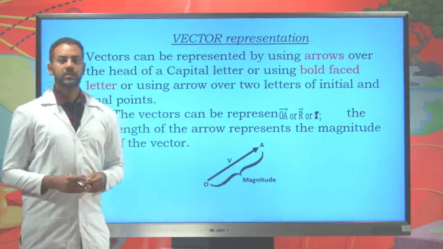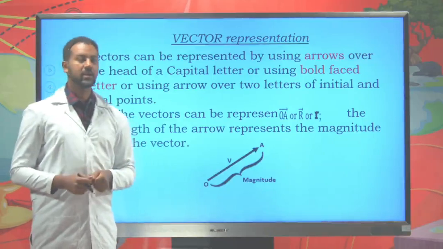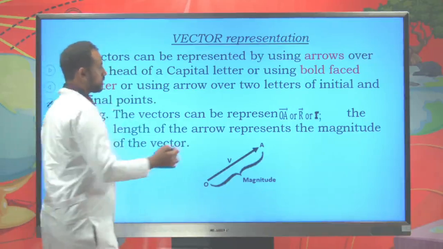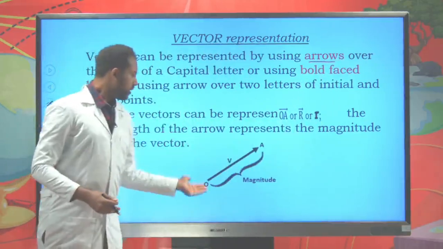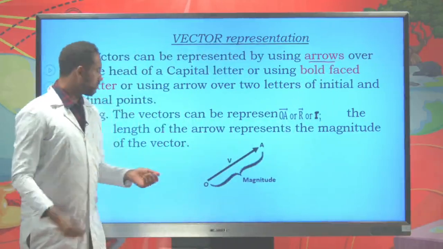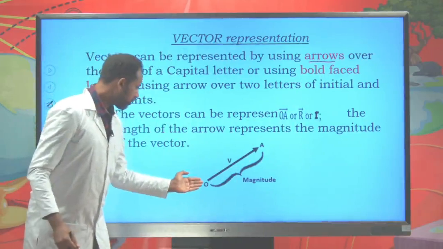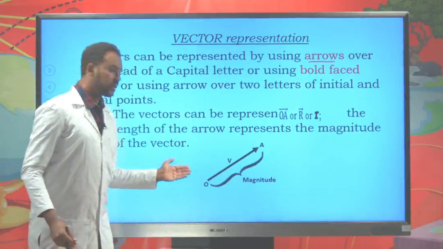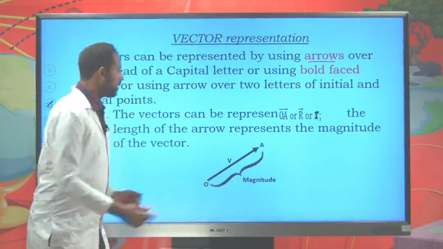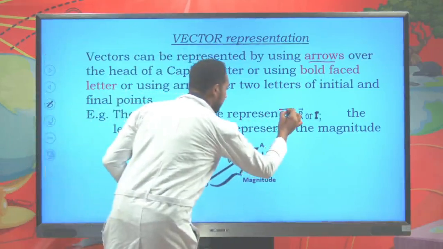And how do we represent vectors? Vectors are represented by using arrows. We have initial and final points. Suppose here we have point O and point A. Therefore, it's possible to represent this vector as OA with an arrow over it.